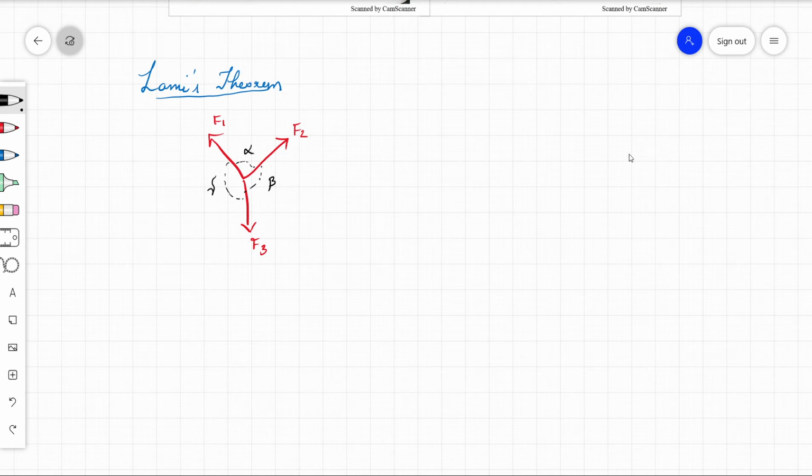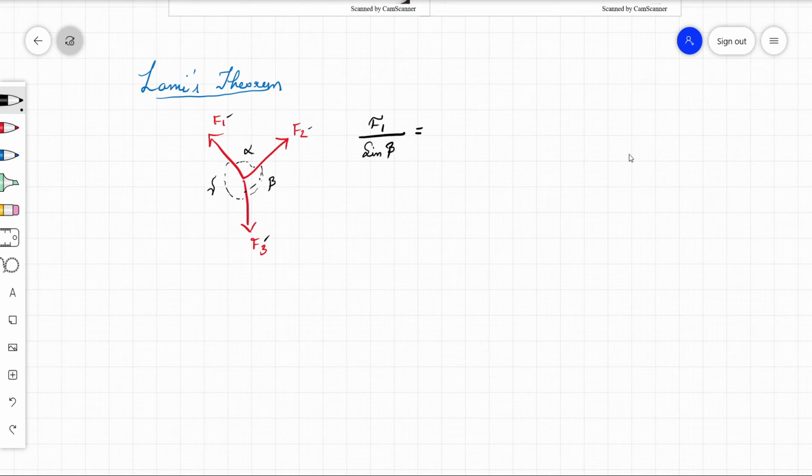What Lami's theorem says is, each force is proportional to the sine of the angle between the other two forces. That is, for the first one, F1 divided by the sine of the angle between the other two forces, that is F2 and F3. In that case, this will be the angle, and that is beta.